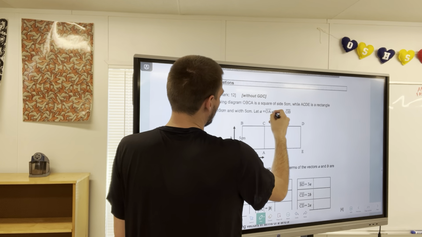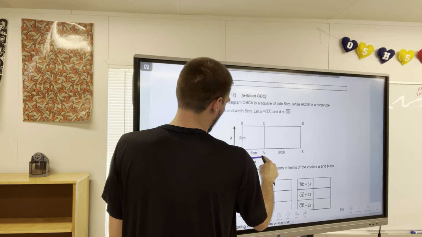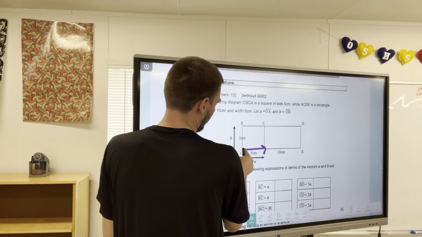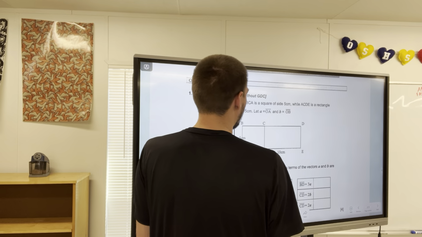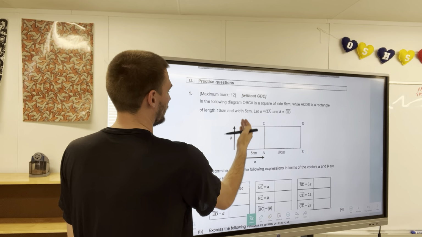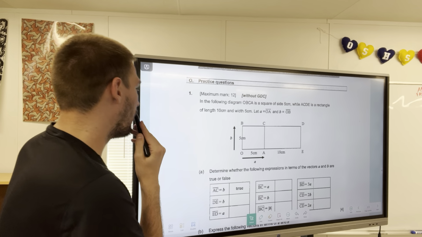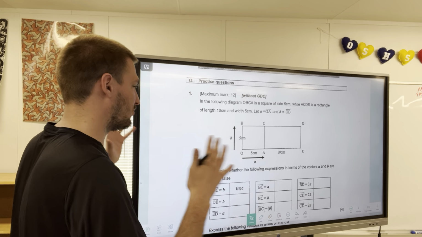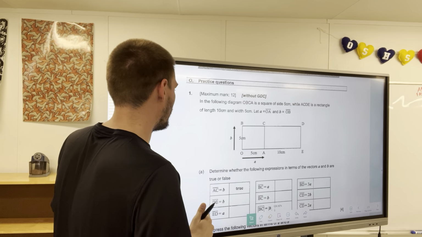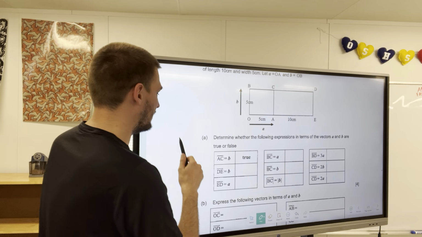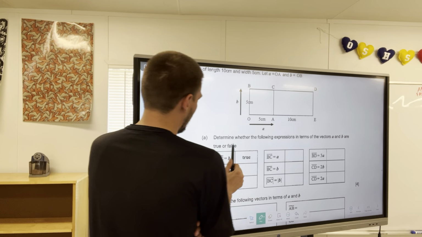Let A equal OA. So this A can be thought of as this piece here from O to A. And then B is the vector from O to B. What we're trying to do now is determine if each statement is true or false. We're trying to compare these things. And the first one, they give you a nice little hint, is true.